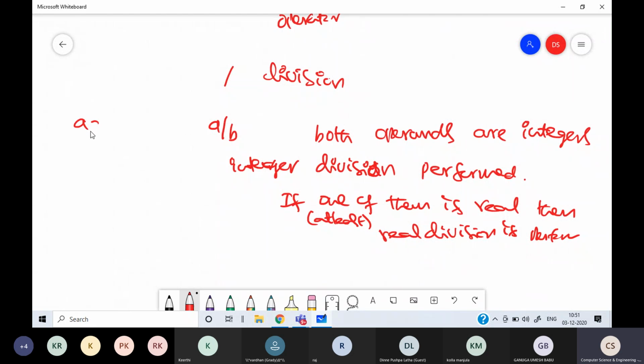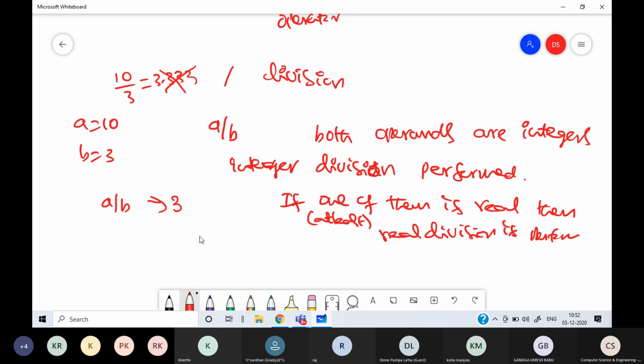For example, suppose A is 10 and B is 3. When I say A by B, 10 by 3, the decimal part is ignored. Even though in our day-to-day life 10 by 3 gives 3.33, when both are integers the decimal part will not be obtained. So don't give the result as 3.33; both operands are integers, so integer division is performed.